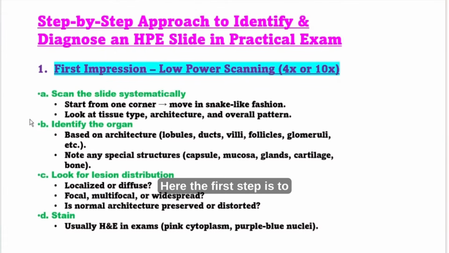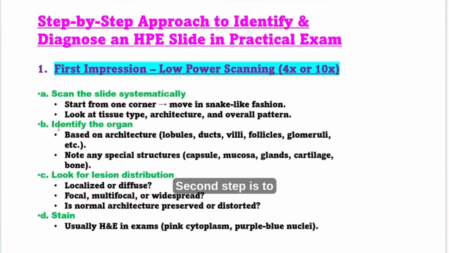Here the first step is to scan the slide systematically. Start from one corner, move in a snake-like fashion, and look at tissue type, architecture and overall pattern.